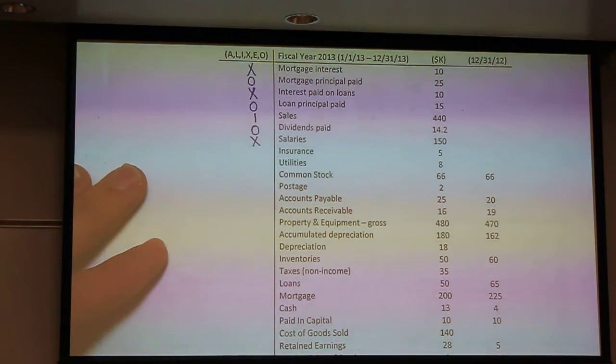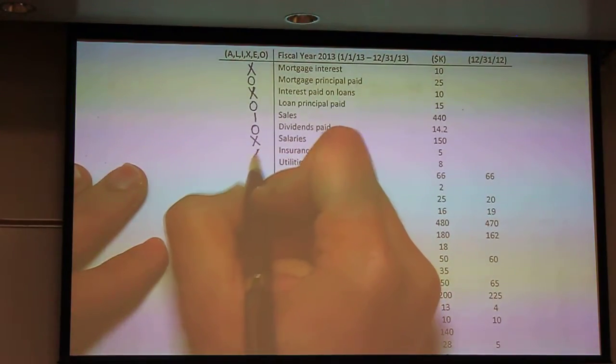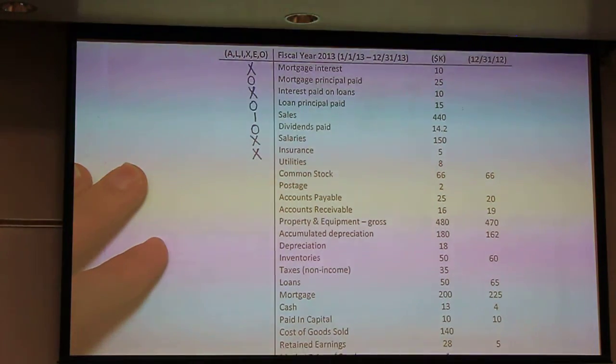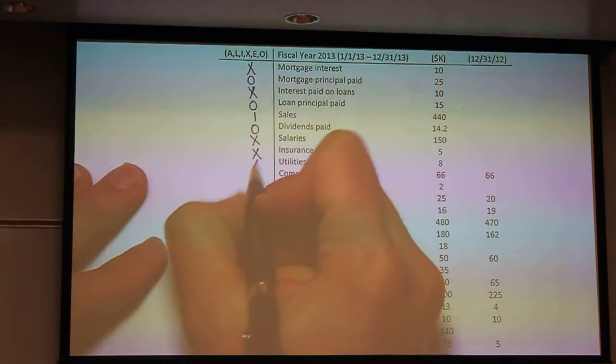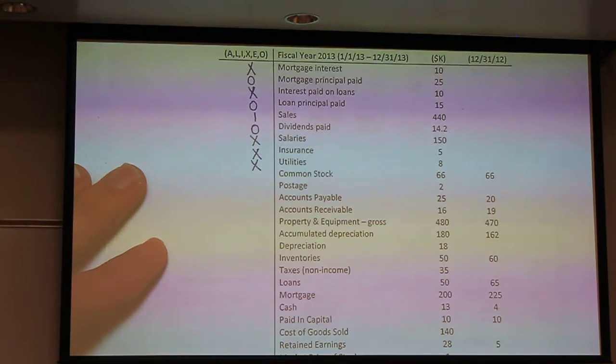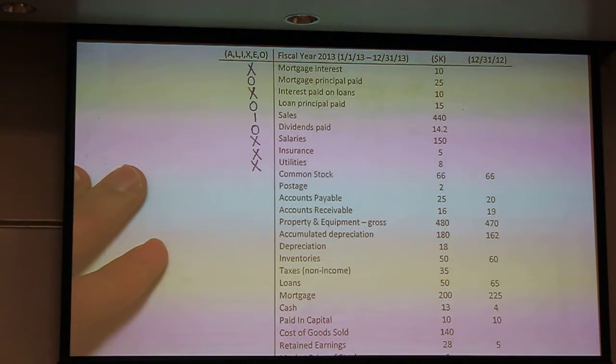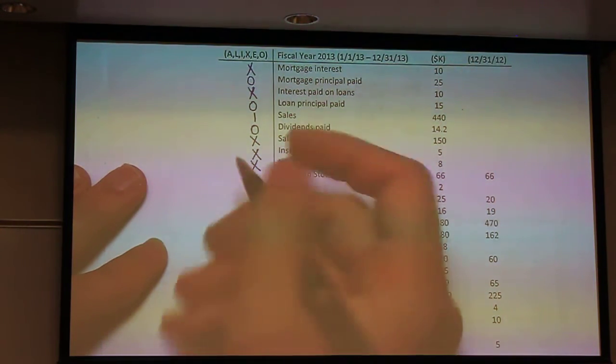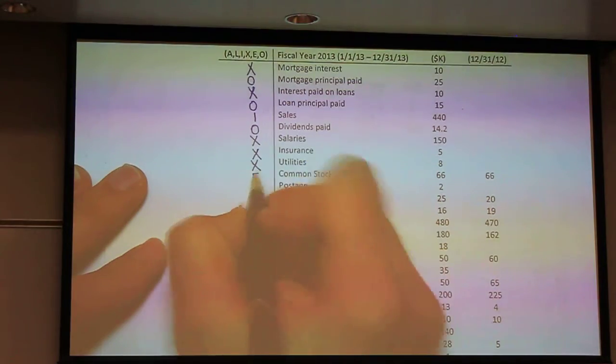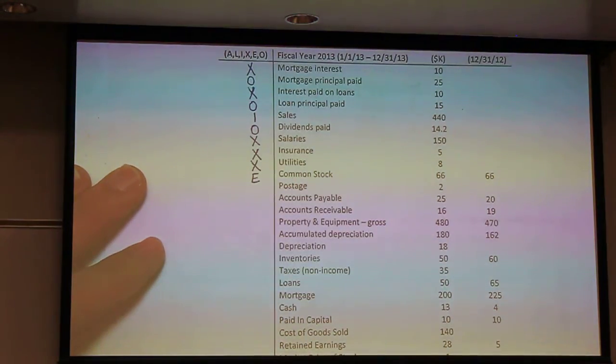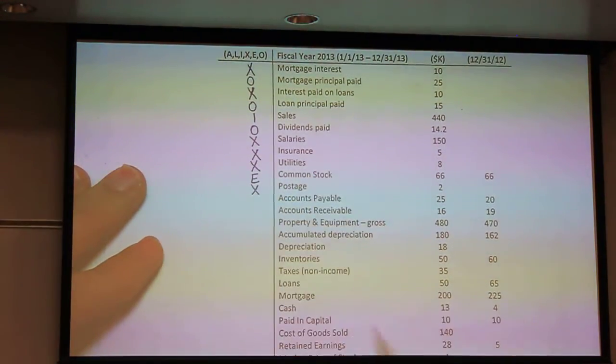Insurance is an expense. Utilities, expense. Common stock is not asset. It is equity. Postage, expense.